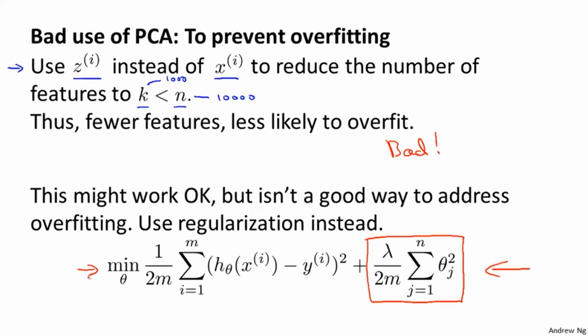So just to summarize, it is a good use of PCA if your main motivation is to speed up your learning algorithm, but using PCA to prevent overfitting is not a good use of PCA, and using regularization instead is really what many people will recommend doing instead.